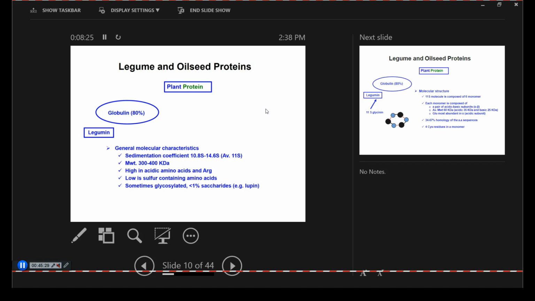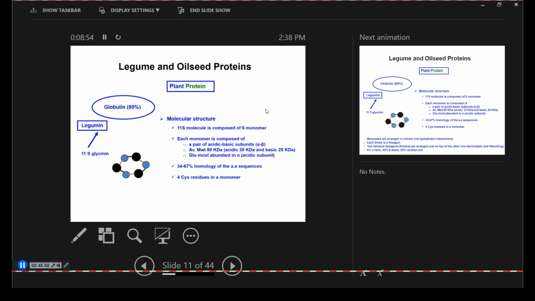So in general, legumes are deficient in methionine, for example, which is a sulfur-containing amino acid. In general, they're not glycosylated, but they might be, with really less than 1% of saccharides in them. An example of a legumin is the lupin that could be glycosylated.